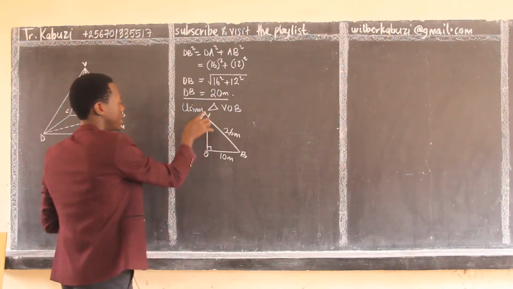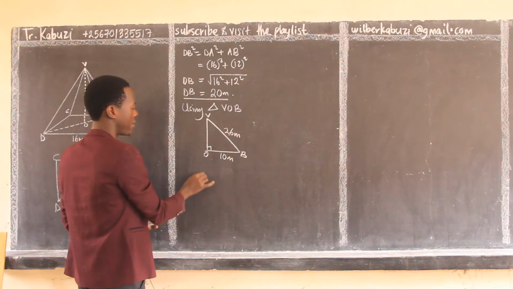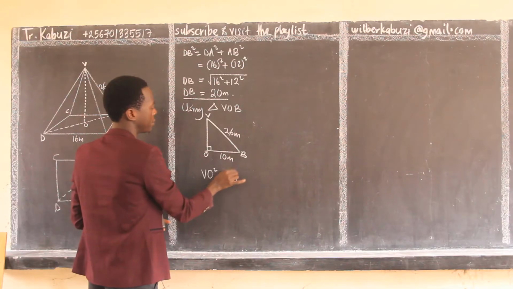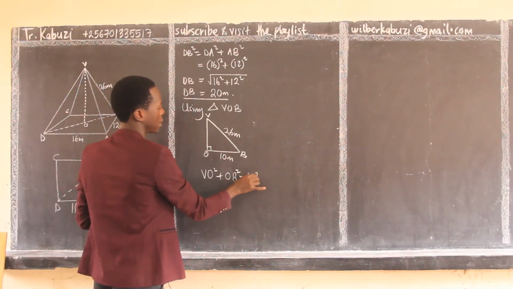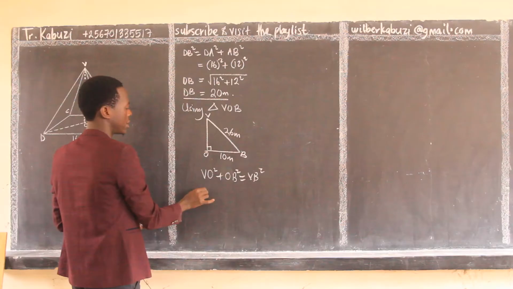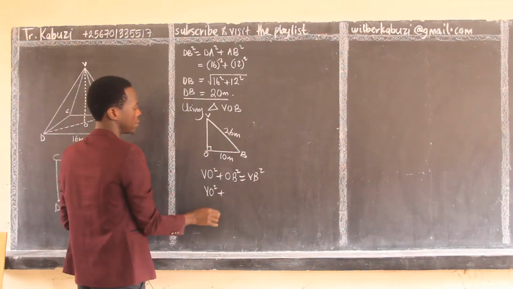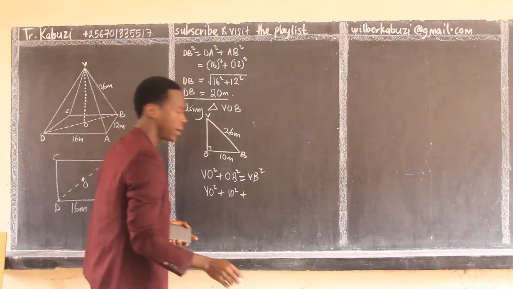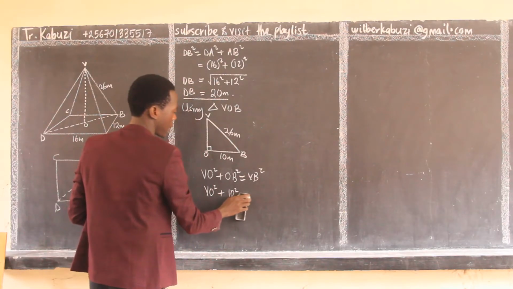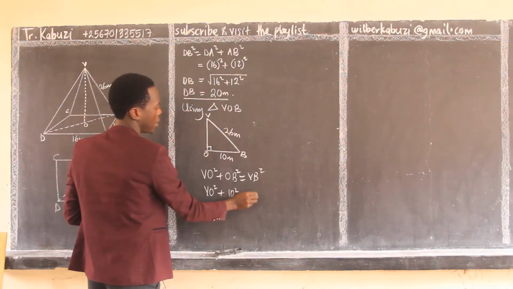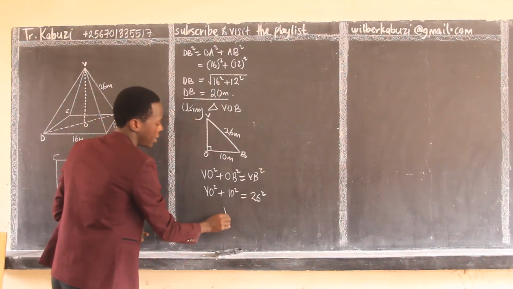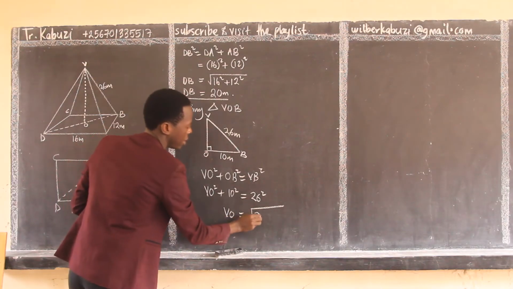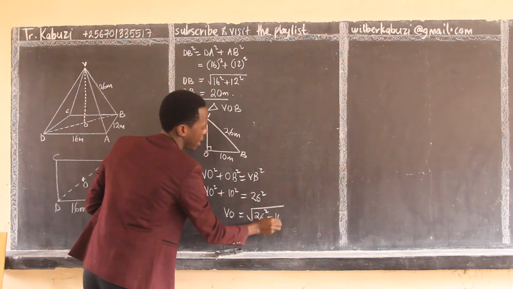So I want now this height. Clearly we use Pythagoras still: VO squared equals VB squared minus OB squared. So my VO will be the square root of 26 squared minus 10 squared.